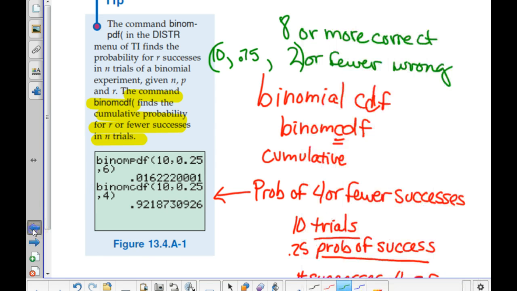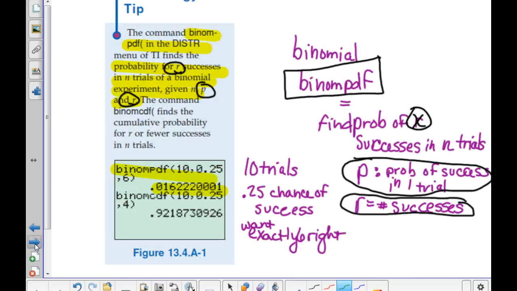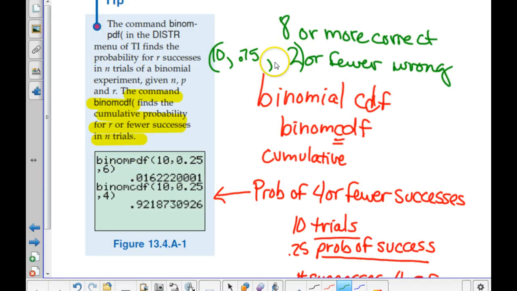Is that what we had when we did this? Right here, 0.0004. Okay? So tell me one more time, why did we change to 0.75? Because we reworded the question from 8 or more correct to 2 or fewer wrong. So we had to do the probability of getting it wrong 2 or fewer times. Okay?